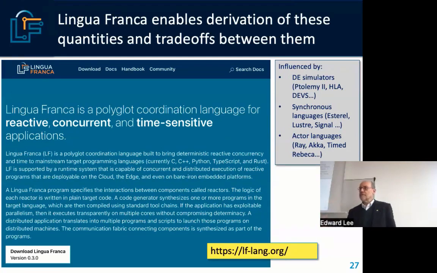You can derive the fact that the availability requirements you've specified, which are specified in terms of deadlines, cannot be met unless your network has latencies less than some amount. And depending on the structure of your program, different connections may require different latencies. And you can completely do that analysis with these Lingua Franca programs.